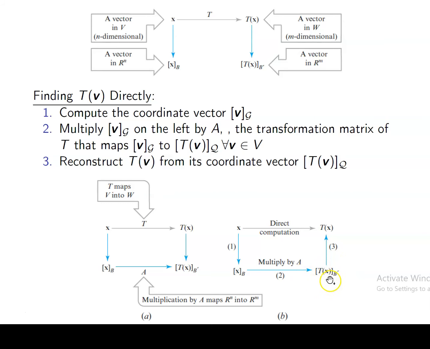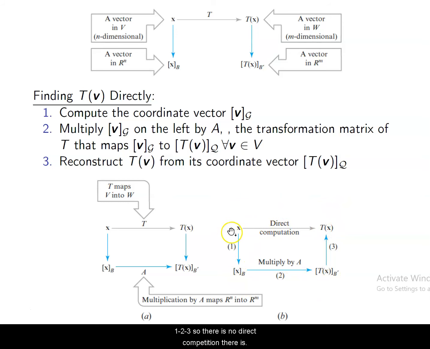Then I have to reconstruct my vector by multiplying its coordinates, because remember, these two things are coordinate vectors. So I turn it into a coordinate vector, I multiply it, transform it, it turns into a new coordinate vector, and then I deconstruct the coordinate vector back into the vector that I'm working with. Okay, so that's steps 1, 2, 3.